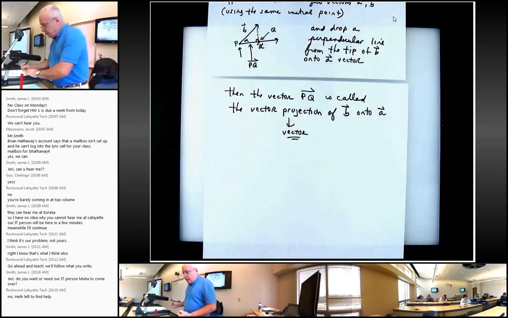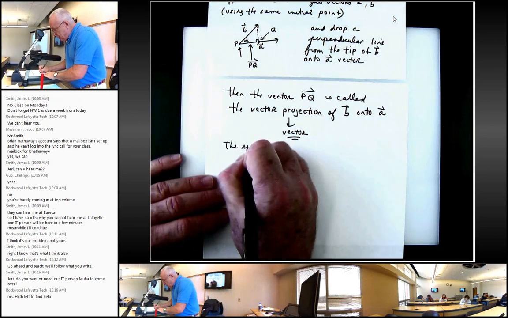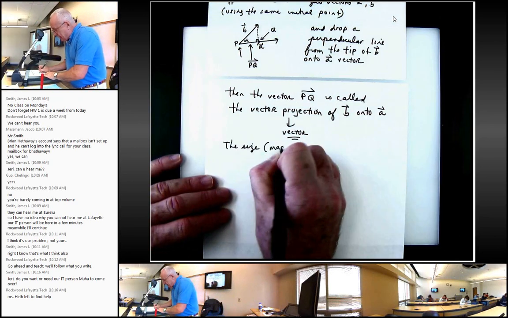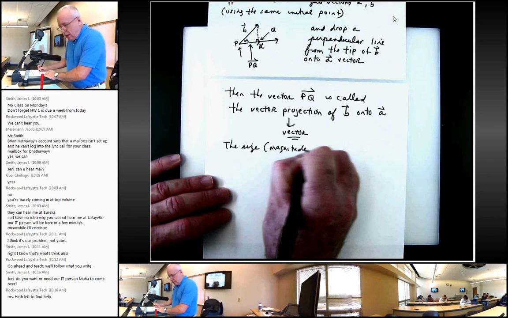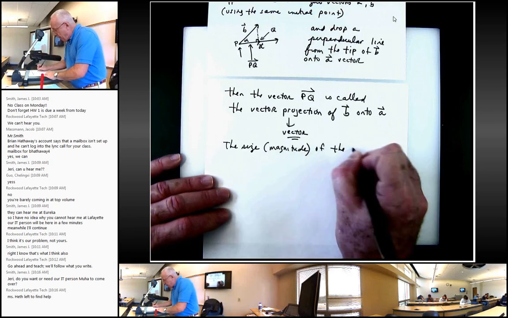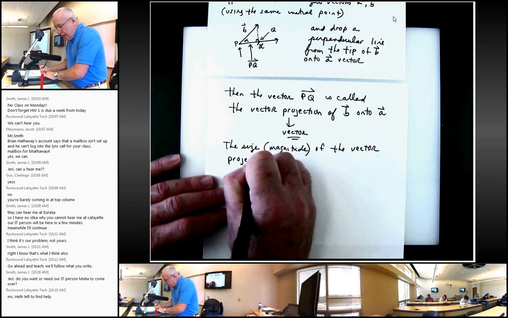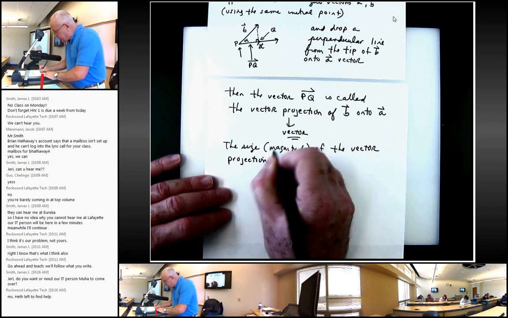So the size, or the alternate way of saying it, the magnitude of the vector projection has its own name, and it's called the scalar projection.